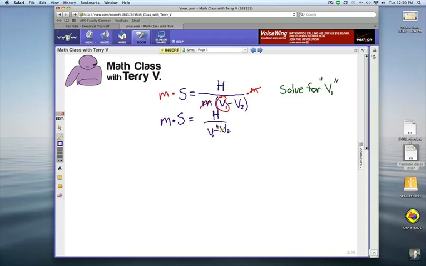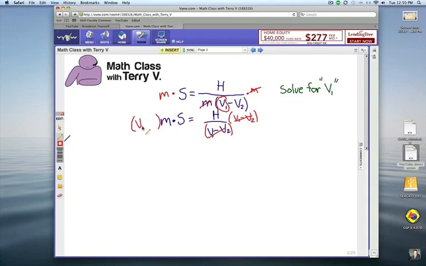How are we going to get that V1 isolated? Well, we need to get it out of the denominator of that fraction. So let's multiply both sides by V1 minus V2. You can think of this down here in parentheses, and those would cancel out. And I have to multiply it over on this other side, V1 minus V2.